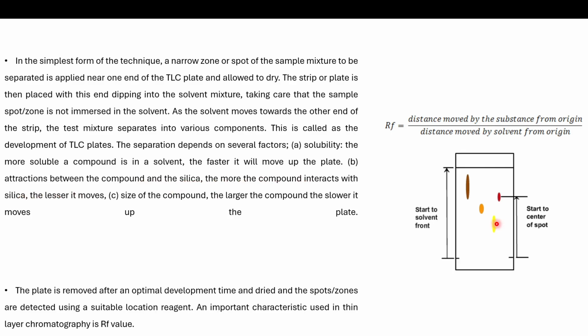So this yellow one interacts more with the silica, which is the stationary matrix here, so it stays here and eventually moves the least. The size of the compound also matters: the larger the compound, the slower it will move up along the plate. Okay. And the plate is removed after an optimal development time and dried, and the spots and zones are detected using a suitable location reagent.